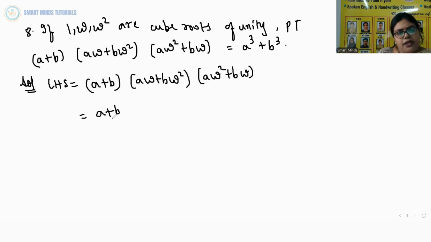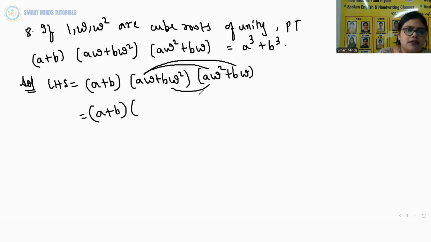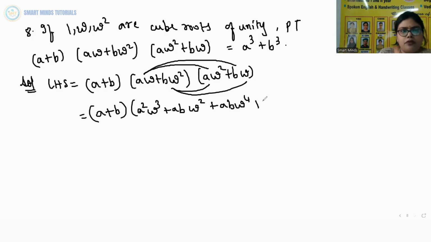A plus b I am writing as it is. Now I am multiplying these two brackets. This into this, this into this, this into this, this into this. So a square omega cube plus ab omega square plus ab omega power 4 plus b square omega cube. So that is (a plus b) into.